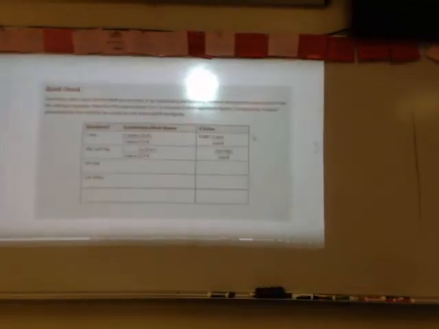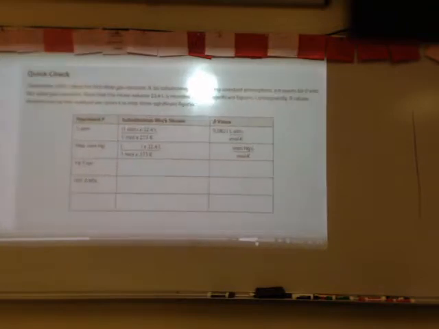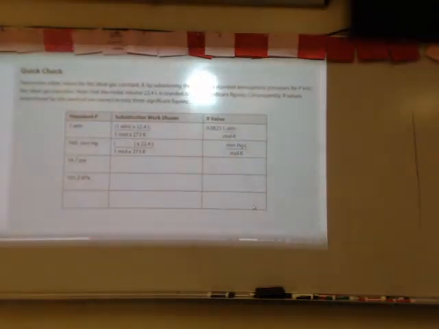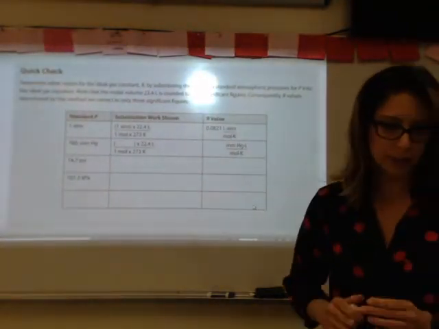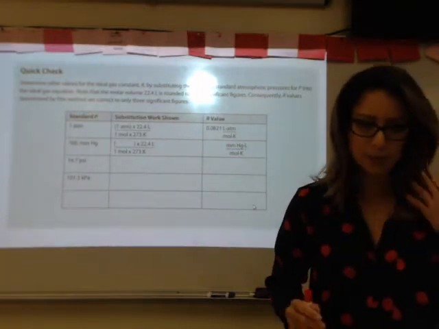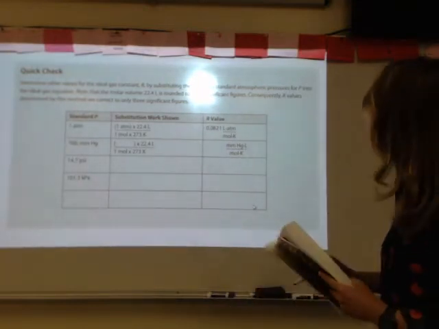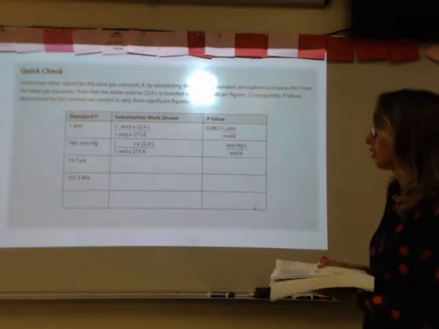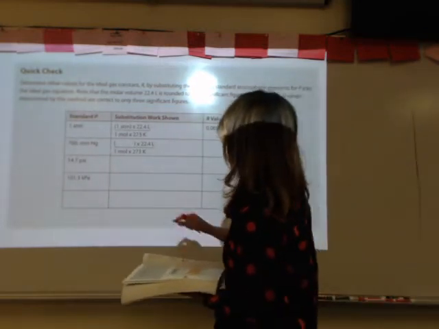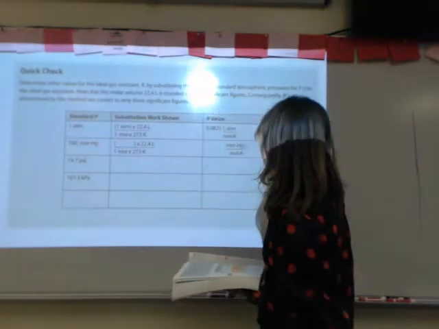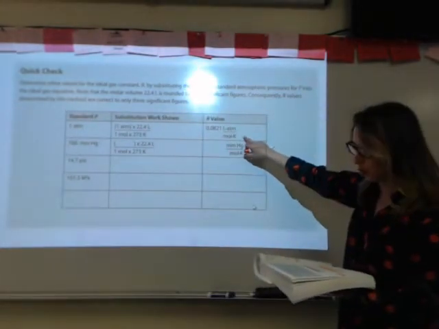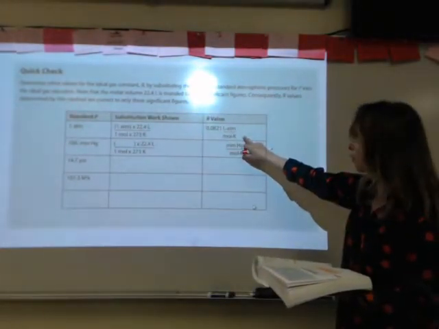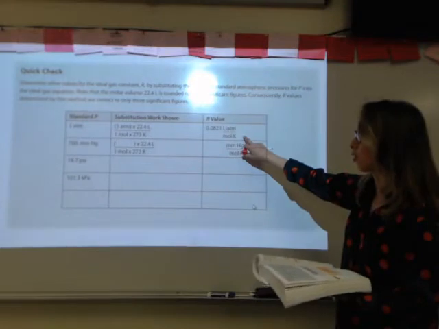If we take a look at the next page at the quick check, here we're determining other values for the ideal gas constant R by substituting standard atmospheric pressures for P into the ideal gas equation. If you substitute 1 atm in, you're going to end up getting 0.0821 liters times atmospheres over moles times Kelvin for your R value.